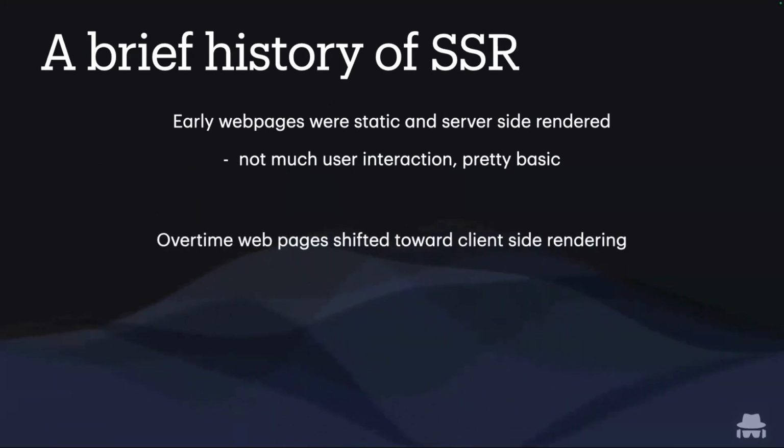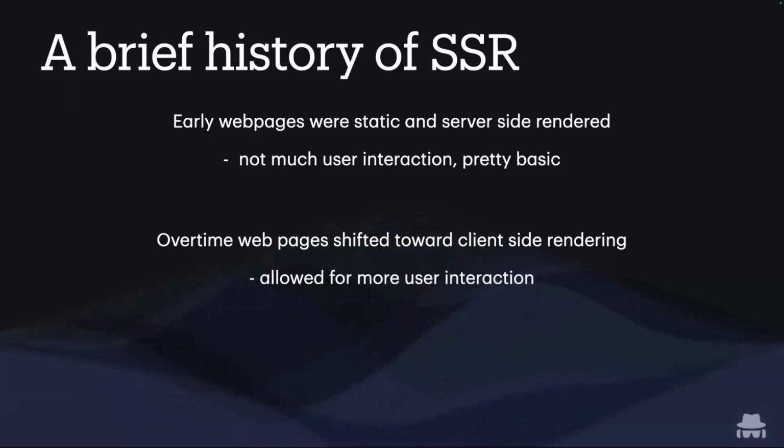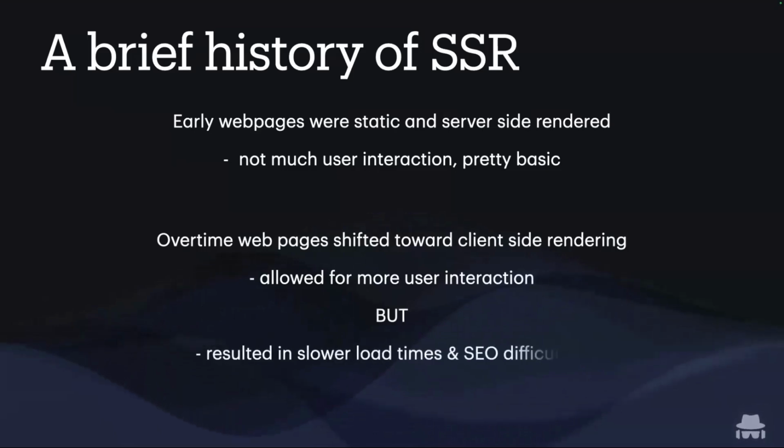Over time, we shifted towards client side rendering that offered a lot more user operability. You could use things and change things dynamically in the client. It allowed for more user interaction, but resulted in slower load times and SEO difficulties.